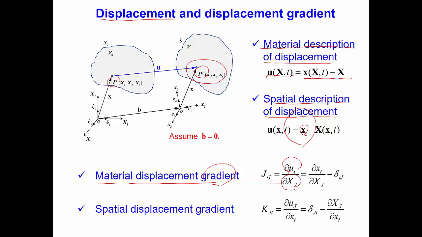And the second way of describing gradient is the spatial displacement gradient, which is defined by the partial differentiation of the displacement with respect to the current coordinates.